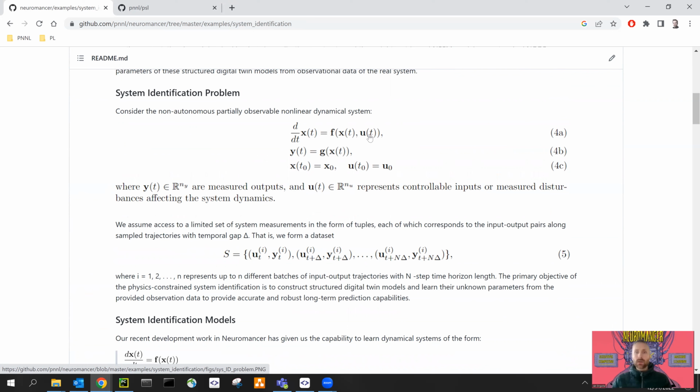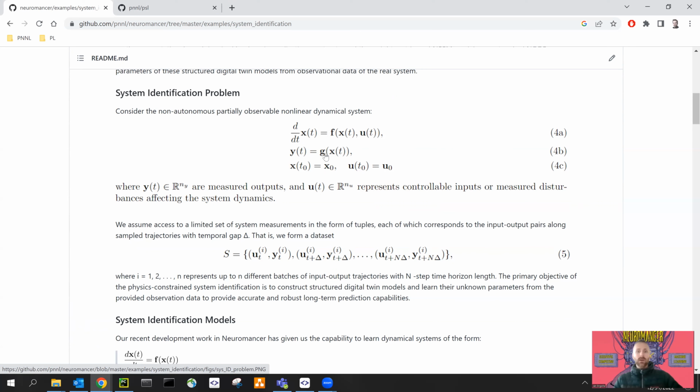You can have some controllable inputs or disturbances that perturb the system, and you may have partial observable system with this output mapping G, mapping your latent space into the observable space Y. Typically, we are solving initial value problems where we provide the initial values of our states and sequences of the controls that perturb the system and obtain the rollouts or n-step ahead predictions of these dynamic systems.